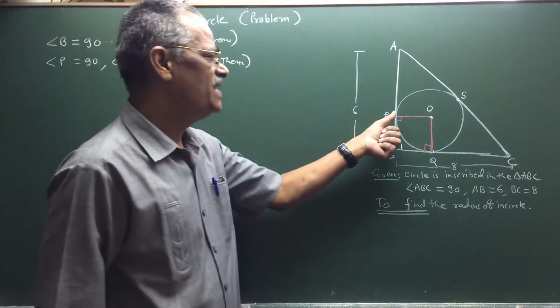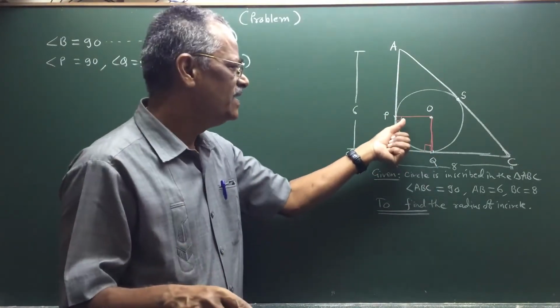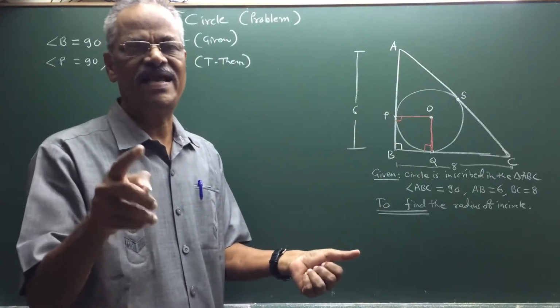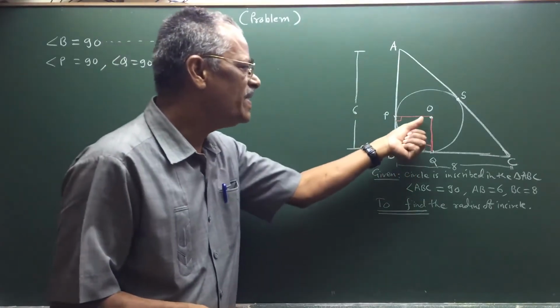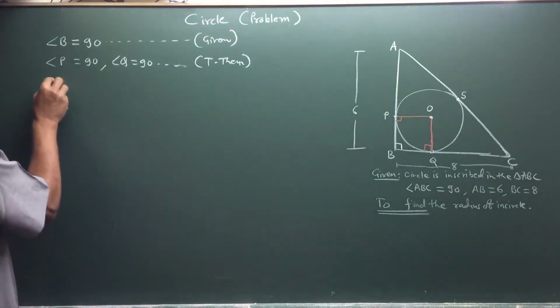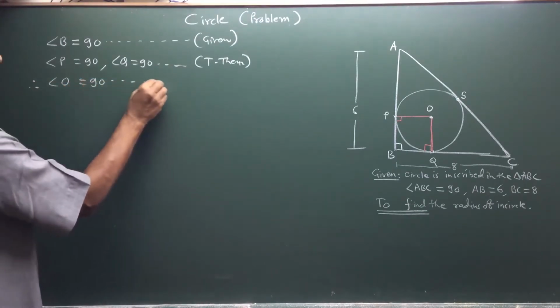So in quadrilateral PBQO, three angles are each 90, so the remaining angle must be 90. Therefore angle O must be equal to 90.